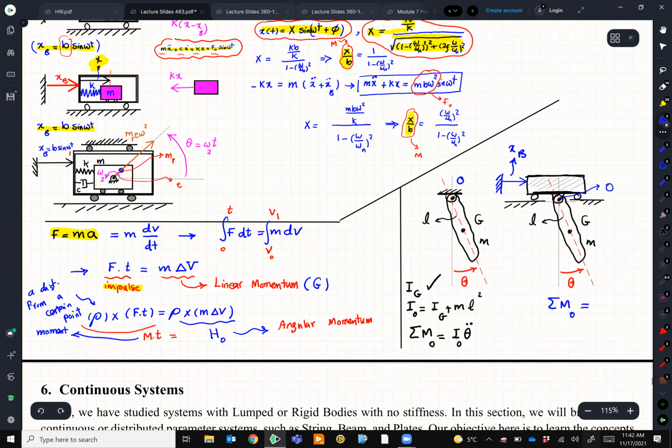The sum of the moment about point O is not equal to IO theta double dot, but what is it? Give it some thought, and on Friday I'll explain it.